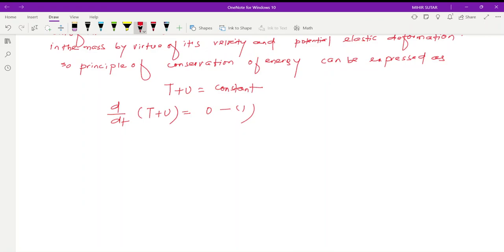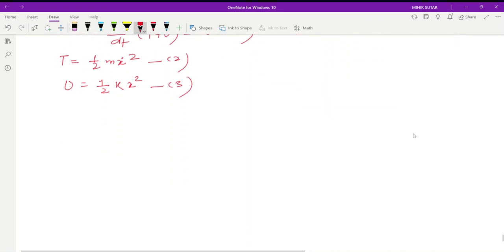Now the kinetic and potential energies are given by, let's say the kinetic energy is given by half of m x dot square. Let's say equation 2. The potential energy U will be half of k x square, equation 3. Okay.